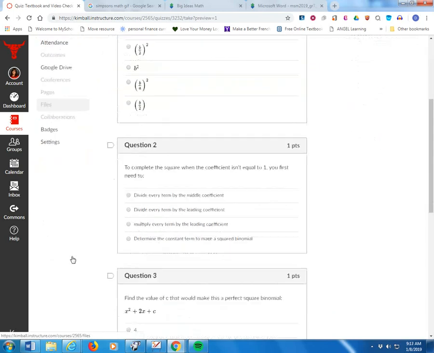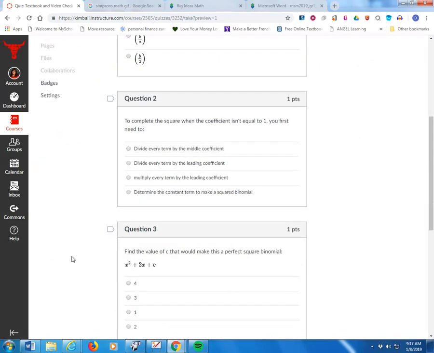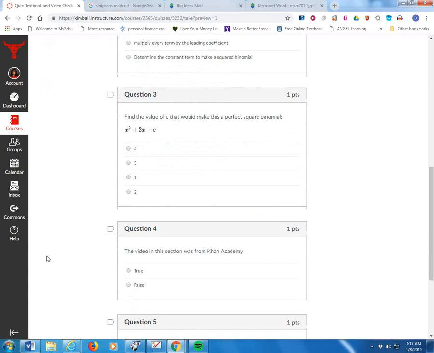To complete the square when the coefficient isn't equal to 1, you first need to divide every term by the leading coefficient. Find the value of c. Well, 2 divided by 2 is 1. 1 squared is 1.